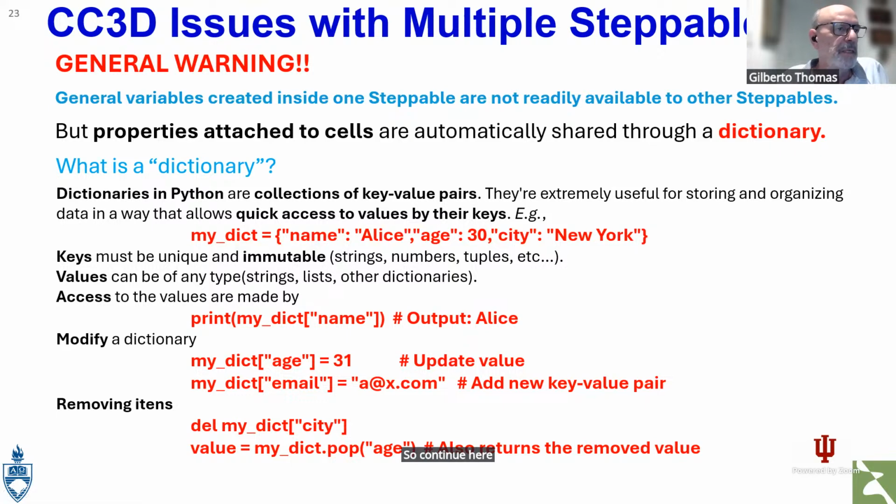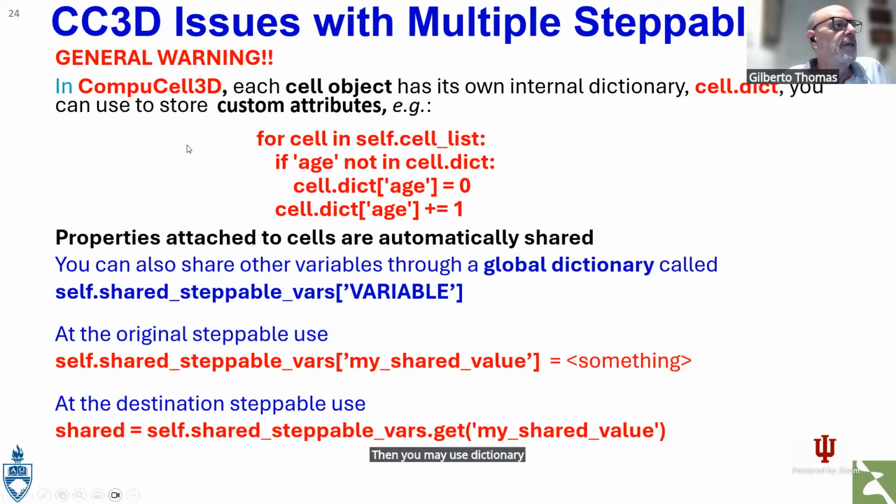Why does it matter? Because eventually in CompuCell you want to use things that you define in one steppable, in one class, in another class. Then you may use a dictionary. In CompuCell, each cell object has its own dictionary.